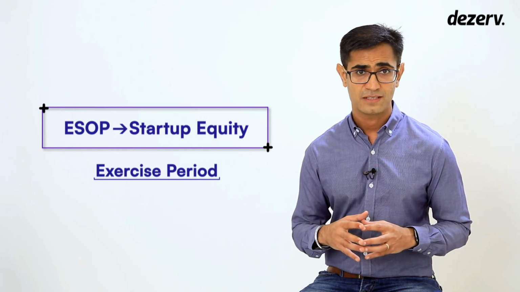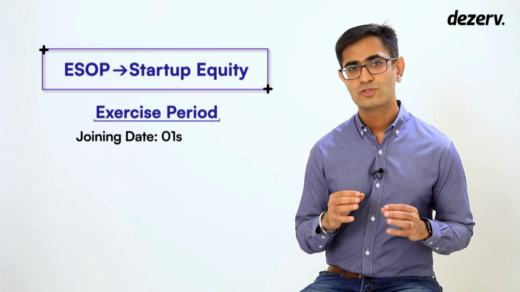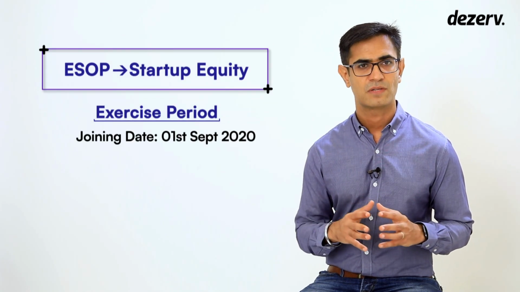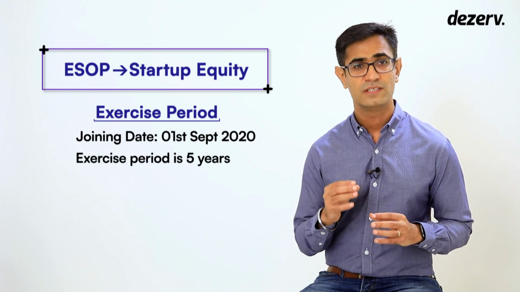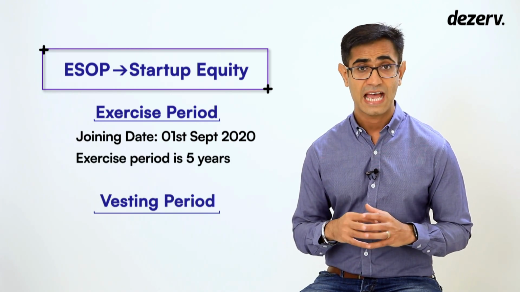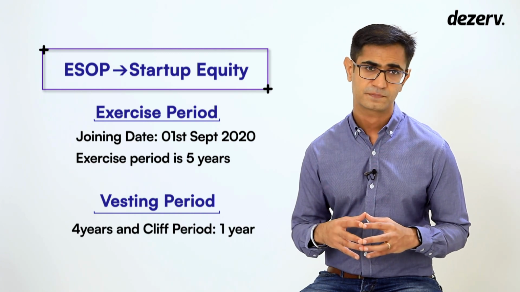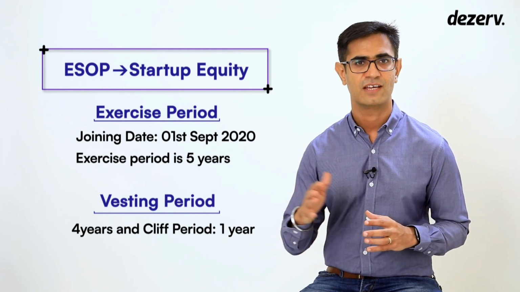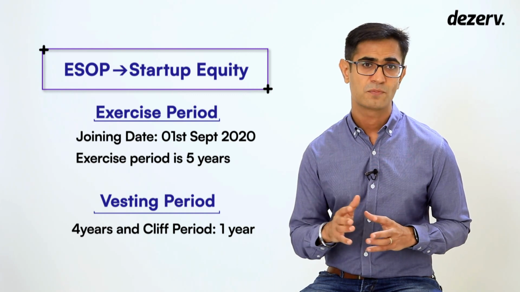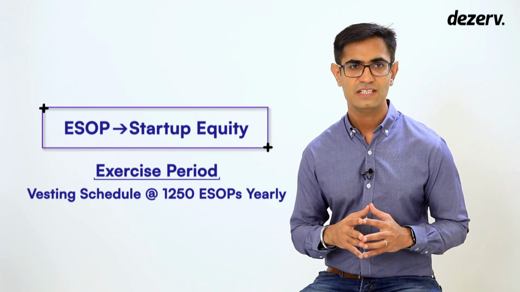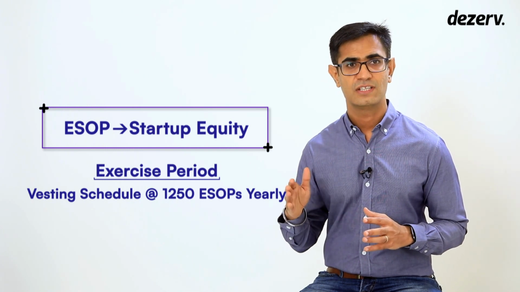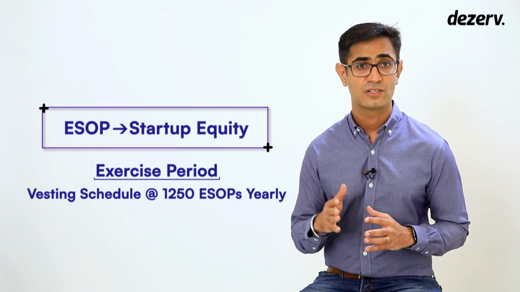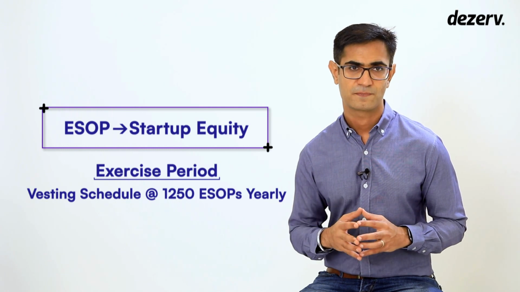To understand this better, let's say you join the startup on 1st September 2020. The startup follows a yearly vesting of 4 years and has a 1-year cliff. The exercise period is 5 years. Now you are supposed to be granted 1,250 ESOPs on 1st September of every year for the next 4 years, making a total of 5,000 ESOPs.